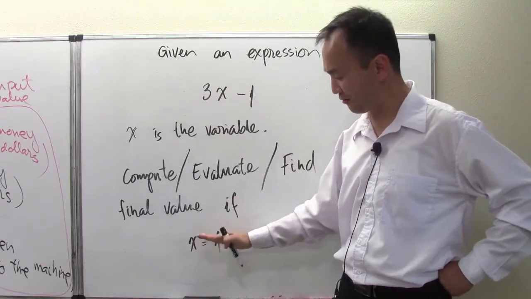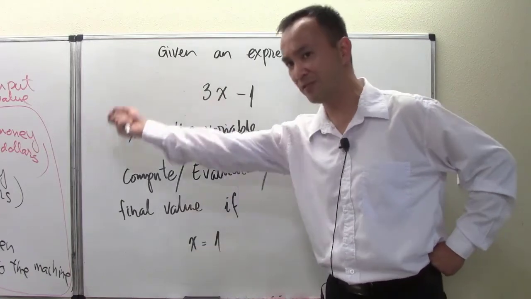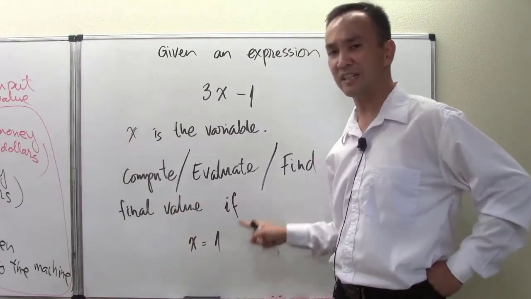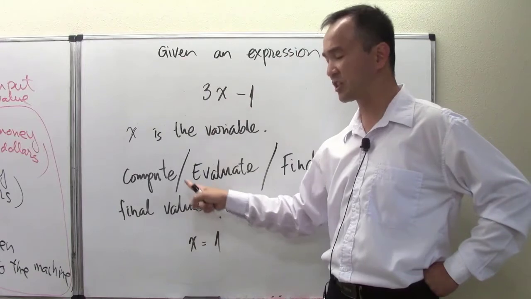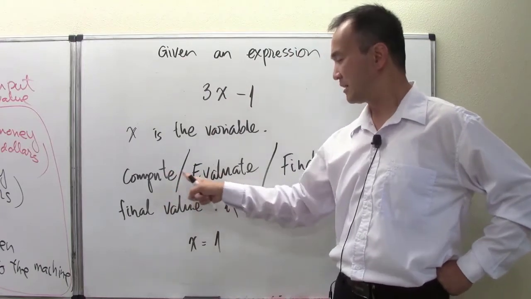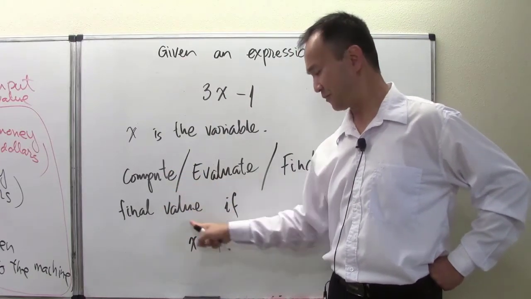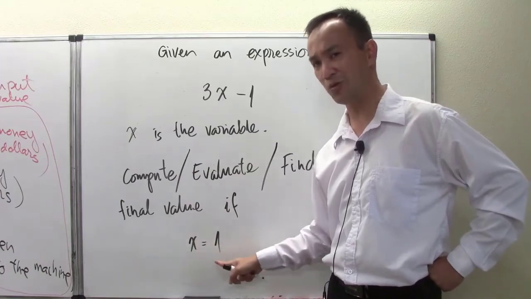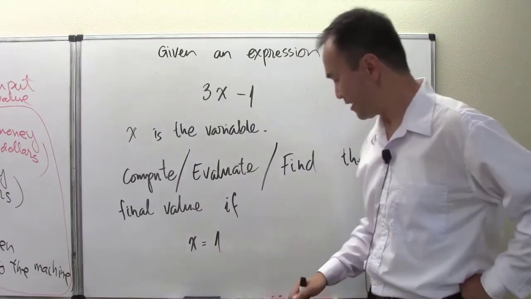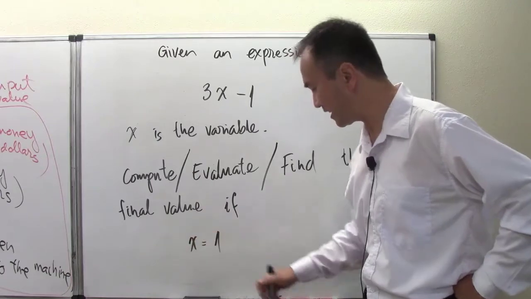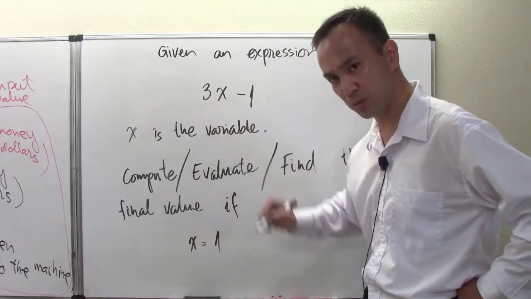But now, in this problem, we step a little further. We're not looking at the expression generally anymore, but we want to come up with a final numerical answer when x equals 1. So when x specifically equals 1, what does this expression say?